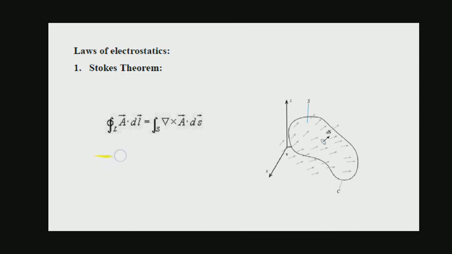So it is given by closed integral over L of vector A dot vector dl, which is equal to integration over S of del cross vector A dot vector dS, and the figure.